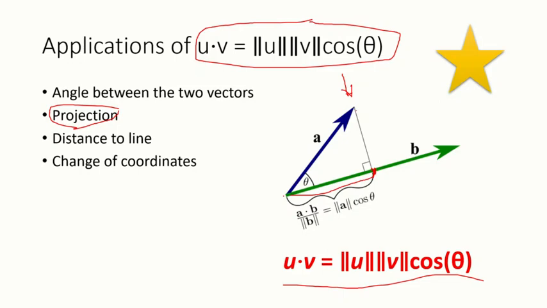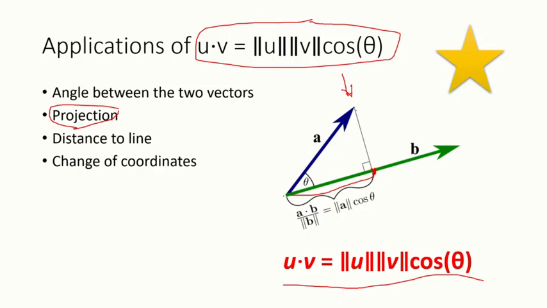Okay? So if you rearrange this formula, you see, okay, the length of A times cosine theta equals the dot product of the two vectors divided by the norm of B. So this side is easy to compute.